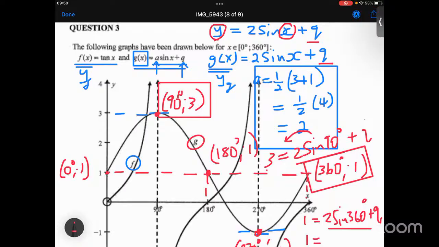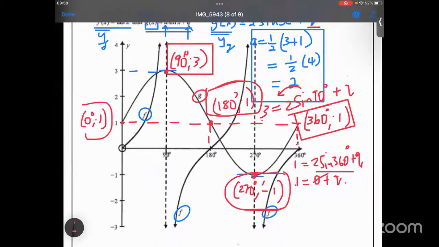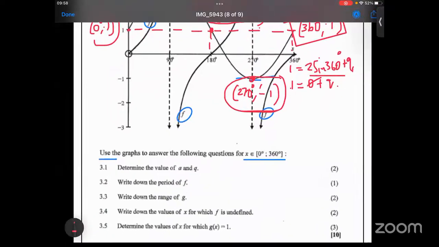So you have 1 equals 0 plus q. 0 is nothing, then it means 1 equals q. You can still try again using other points, and you should arrive at the same conclusion. I hope that part makes sense, honorable member, in terms of how you calculate that.